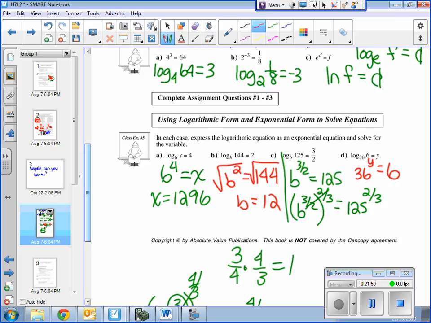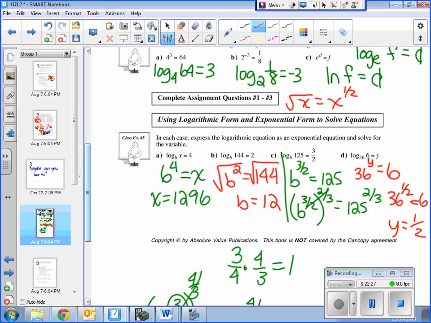What do you say? Square root. Can I put the square root as a fraction? So the square root of x is the same as x to the 1/2, right? Yeah, y equals 1/2, because I know that 36 to the 1/2, or the square root of 36, equals 6, right?